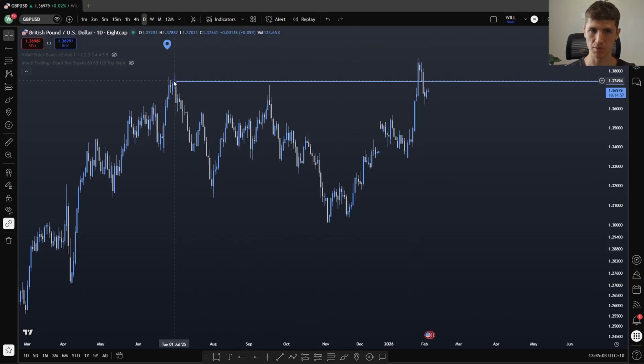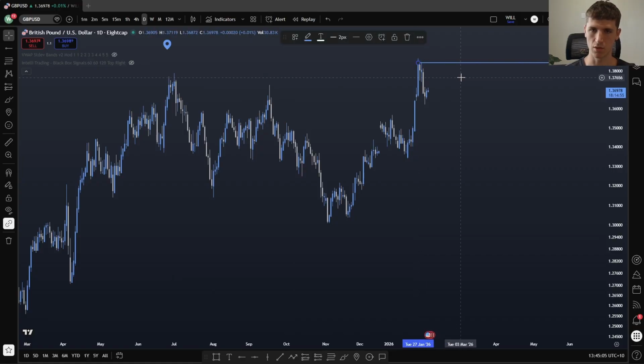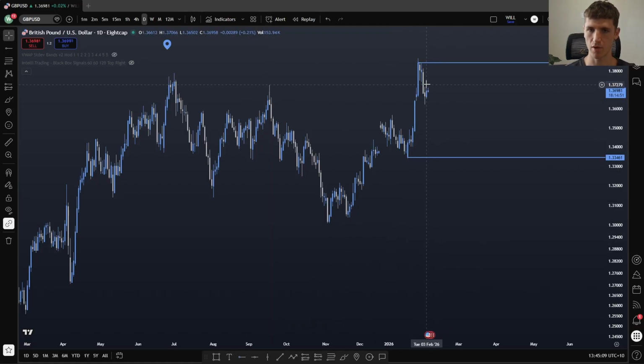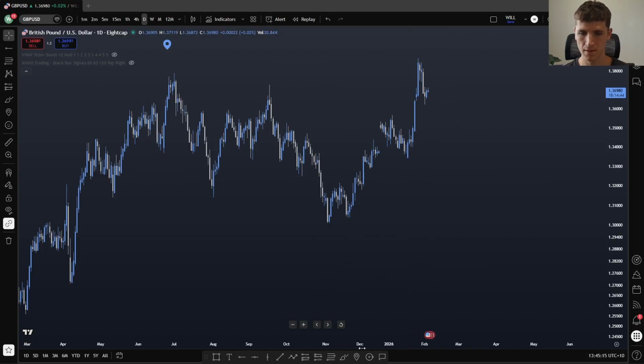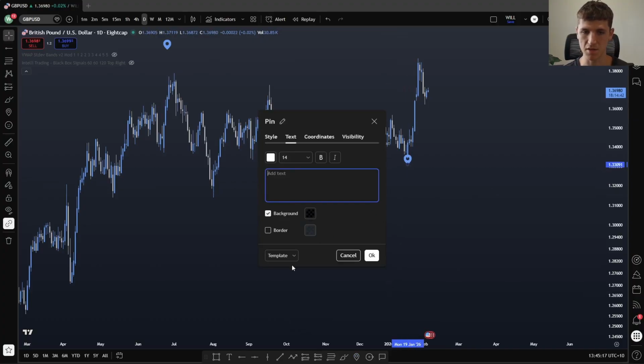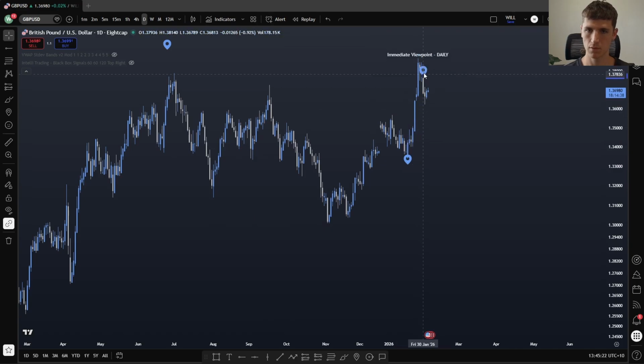You can see it's closed above that. If I draw a horizontal ray from here and this low, we can see price has not broken above or below that range. So therefore, the daily immediate viewpoint is from that low to that high.